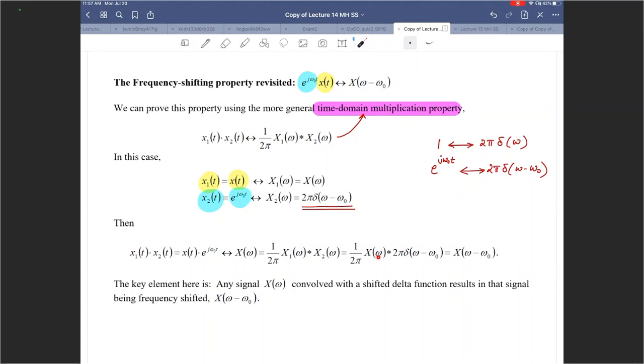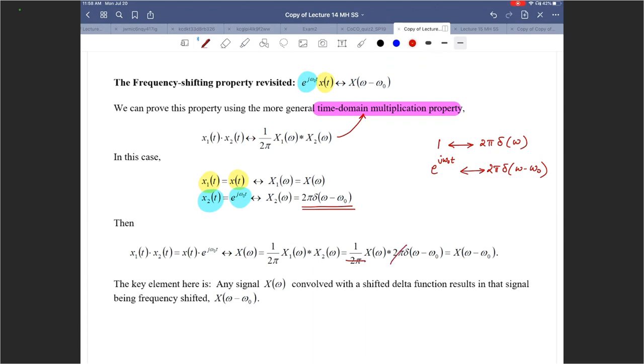When you convolve any function with an impulse present at some other location, the function will shift to that particular location. We know that using the properties of convolution with an impulse. So you have 1 over 2 pi and this. First of all, this gets cancelled out with 2 pi.